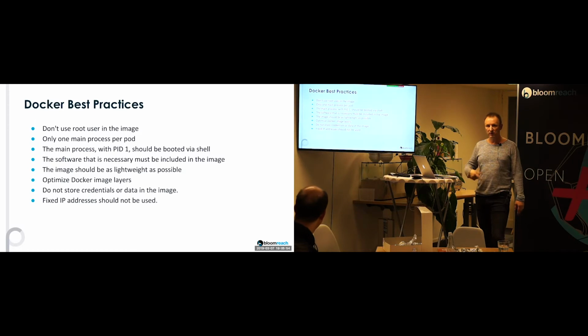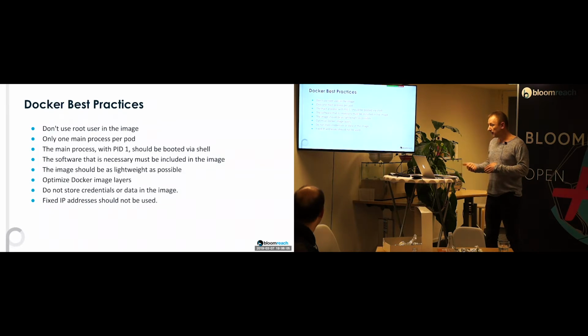So each time you rebuild your image, most of the layers will be reused, and only the top layers will be modified or replaced. Those layers, like I said, usually contain repository data, jar files, your custom code, etc.